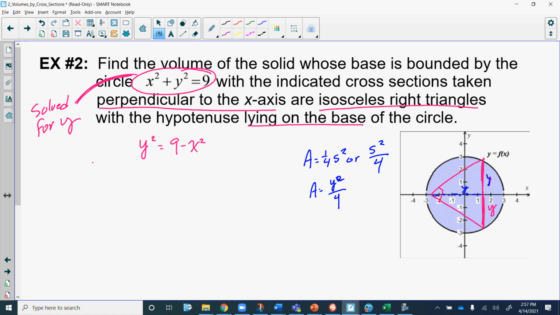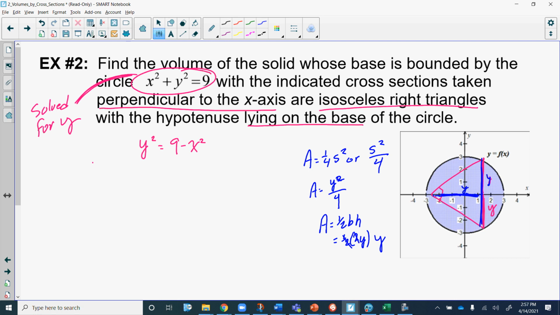And let's see, is that it? What about the area of a triangle by itself? 1/2 times the base times the height. Well, the overall base of the triangle here would be 2y. So 1/2 times 2y, and the height of the triangle is going to be y.